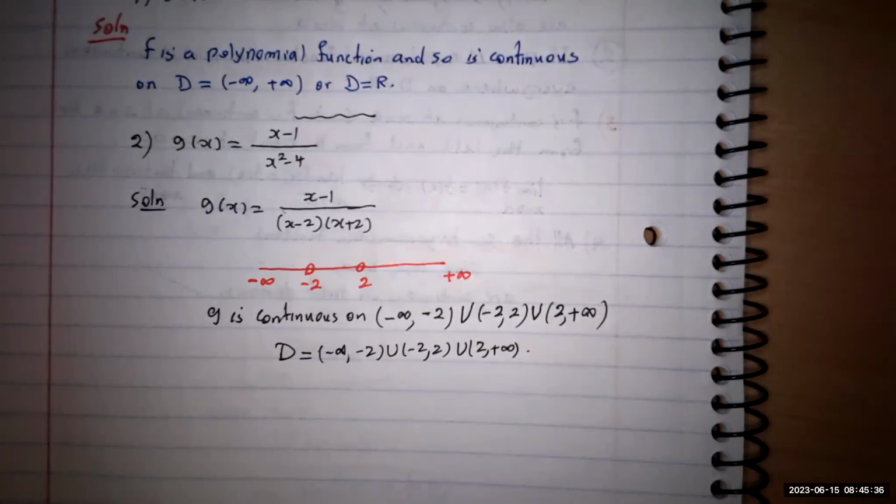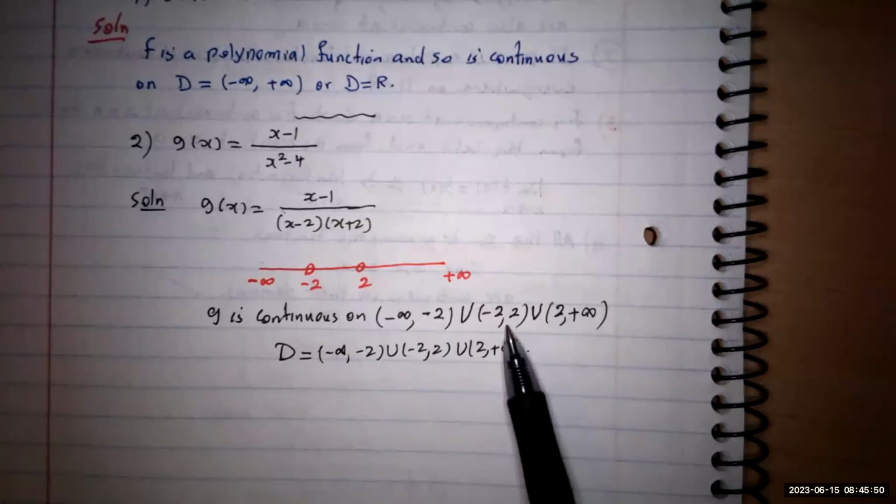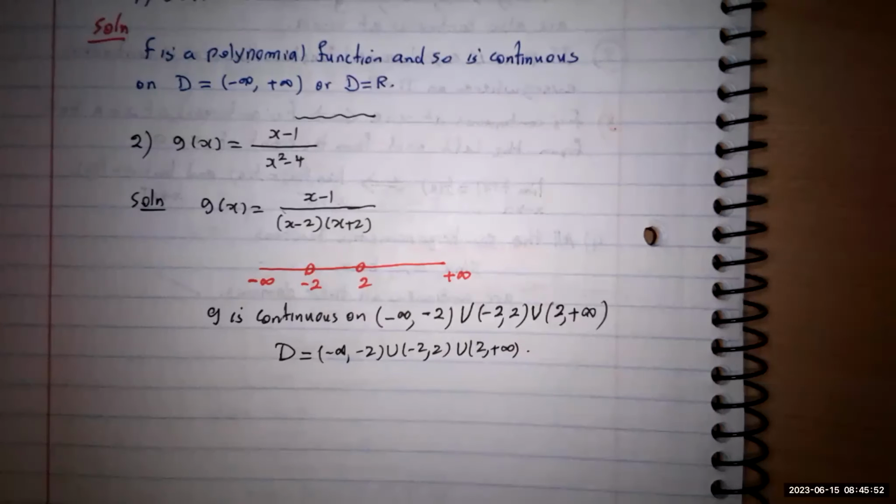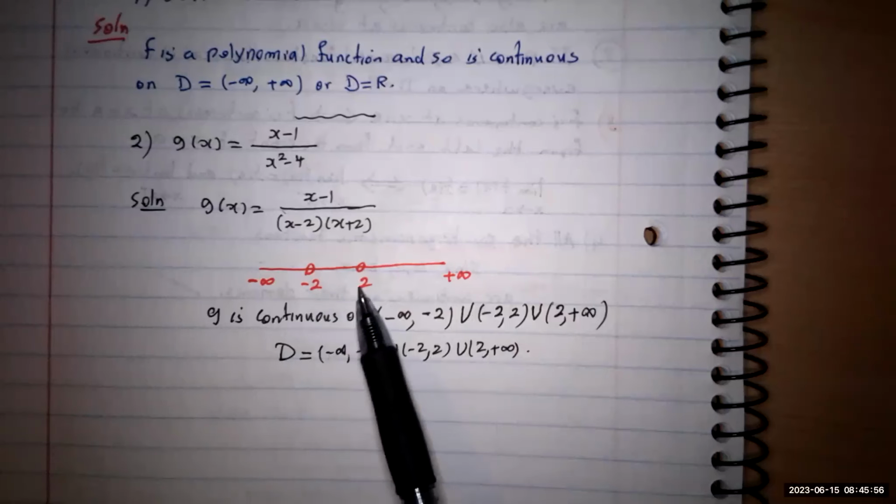So we're just using that fact. You don't have to give us any details. When is it not considered to be continuous? It's not going to be continuous at 2 and -2. It's continuous everywhere except at -2 and 2.